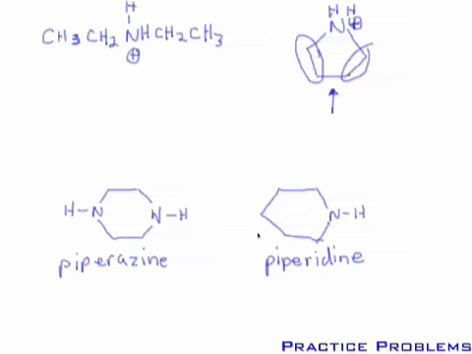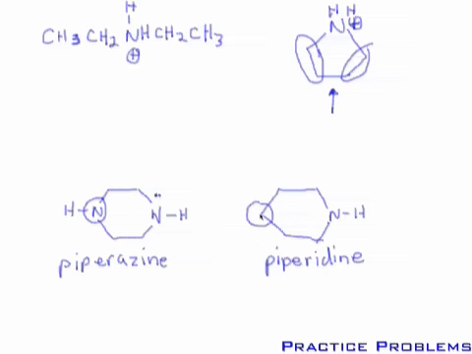The difference here is inductive effects. The difference is this atom. Here it's a carbon, which is electron donating. Here it is a nitrogen, which is electron withdrawing. Electron withdrawing groups cause the orbitals, if you like, that contain the lone pairs to shrink. They help pull on the electrons a little more and make the electrons less available for protonation.